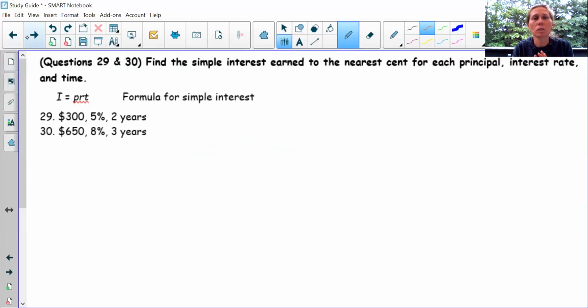All right, this one, interest equals principal times rate times time. Not a fan of simple interest. Next year, you're going to learn compound interest. All right, so I equals P times R times T. Principal times rate times time. Principal is your $300.